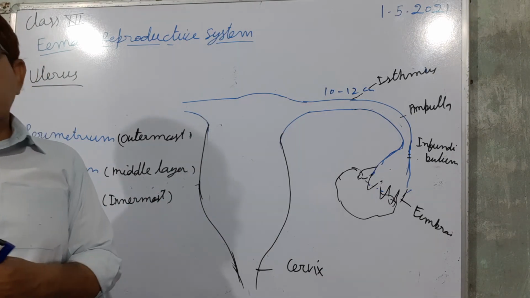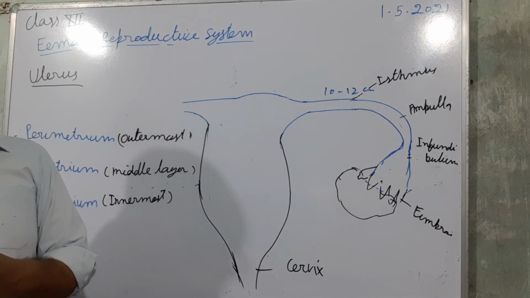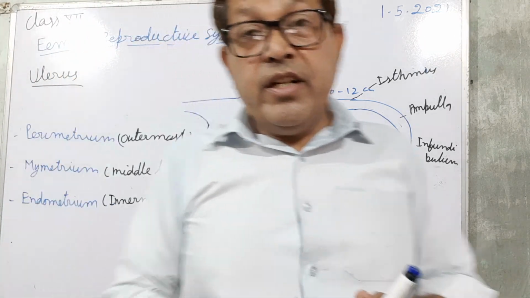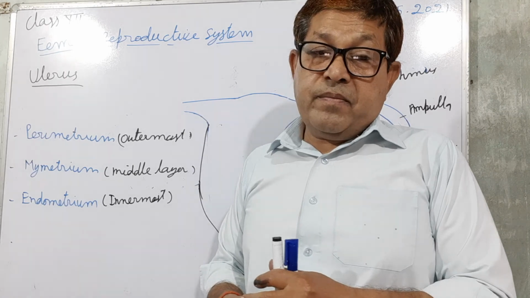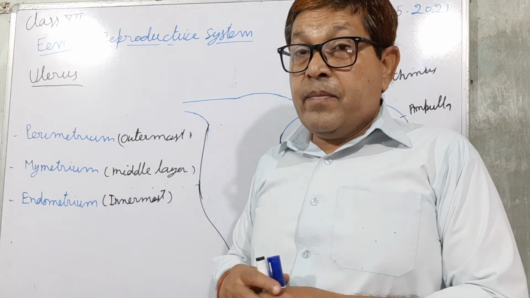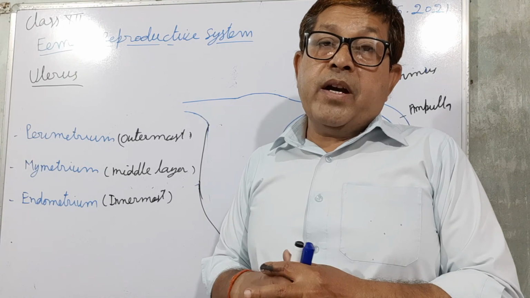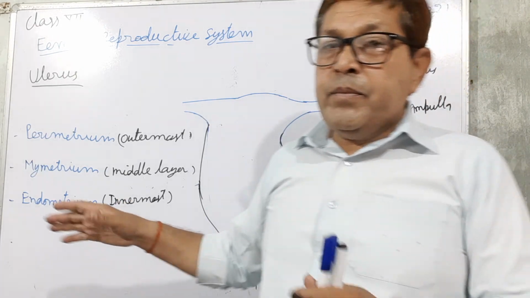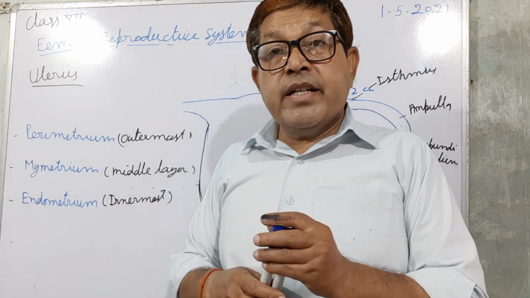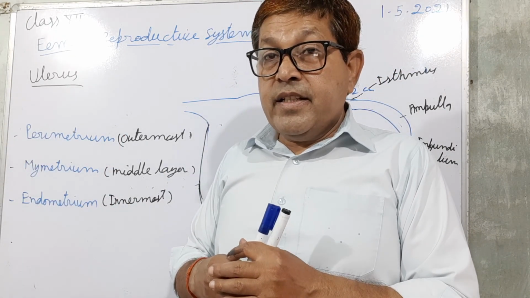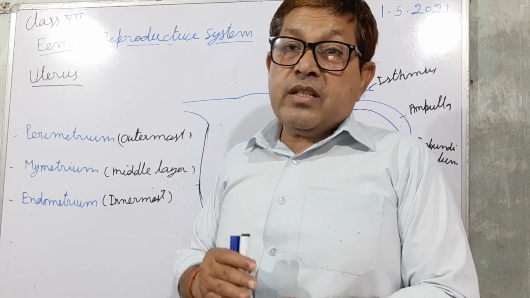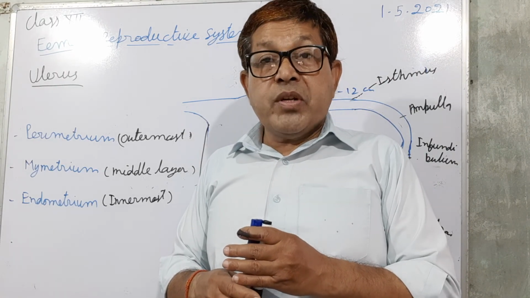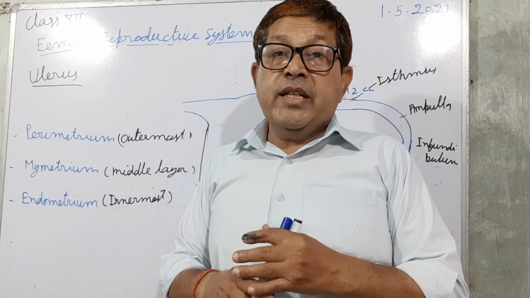It undergoes cyclic change during menstruation, and it is the site for the implantation. Implantation takes place in the uterus. And in which layer of the uterus? In the endometrium of the uterus, the site for the implantation.